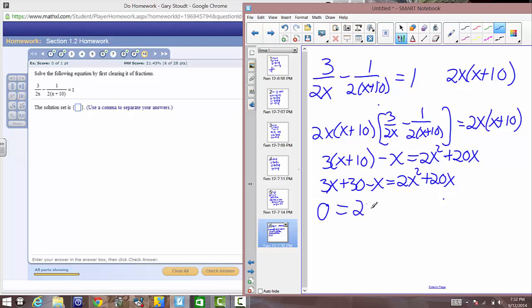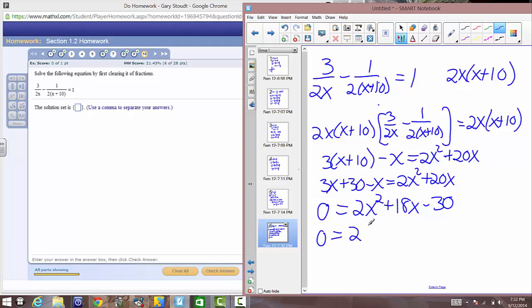So we have 2x squared. We have 20x. We will be subtracting 2x. We have 3 minus x. That's 2x over here. So when we subtract 2x from both sides, we get 18x. And when we subtract 30 from both sides, we have minus 30. So that's the equation we need to solve.